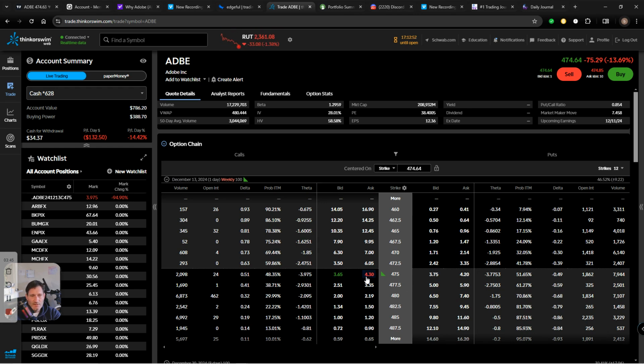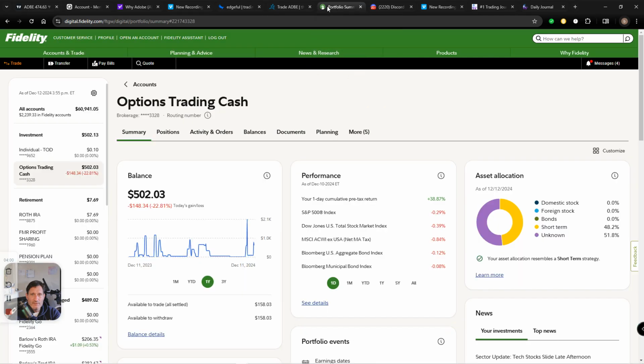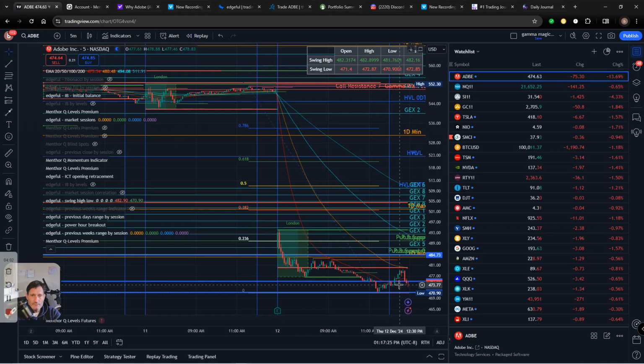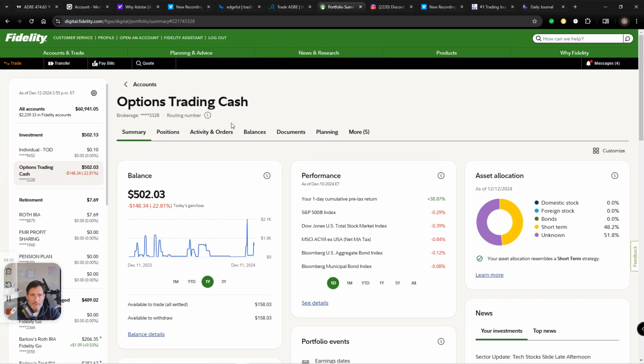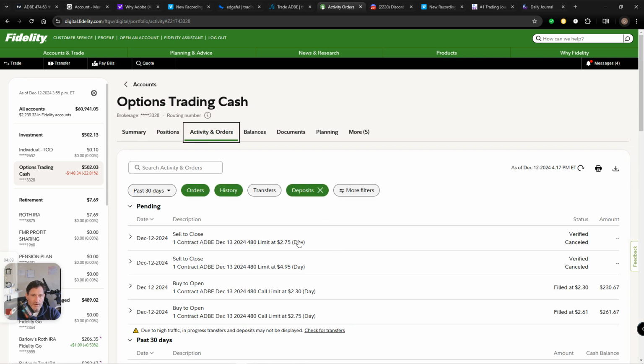So yeah, I was looking for a 10-point move today. We got 5 of that, so we got half of that. And my idea was to buy two call options, and sell one with enough profit to pay for the other option, to hold that option overnight.